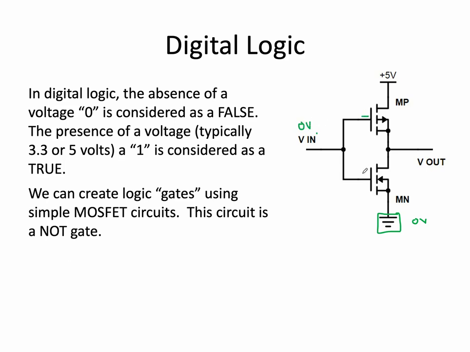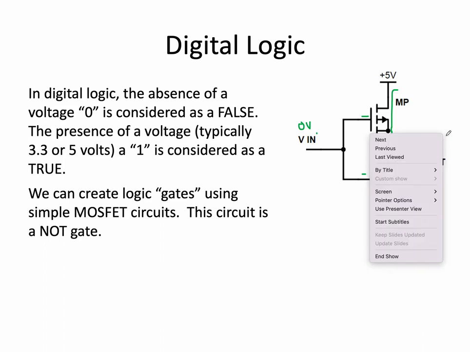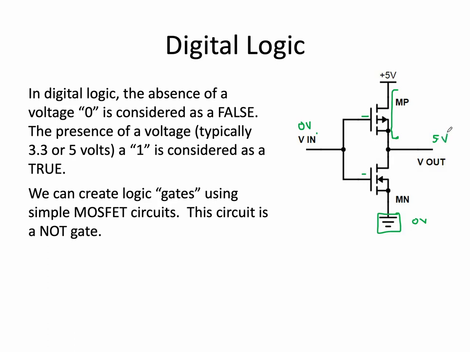The negative turns off the N-type down here, but turns on this one, which connects this through. And so now suddenly I've got 5 volts on the output. This is called a NOT gate. Whatever you put in, you get the opposite. So in this case, 0 volts would represent false. What's not false? True, which is represented by the 5 volts.